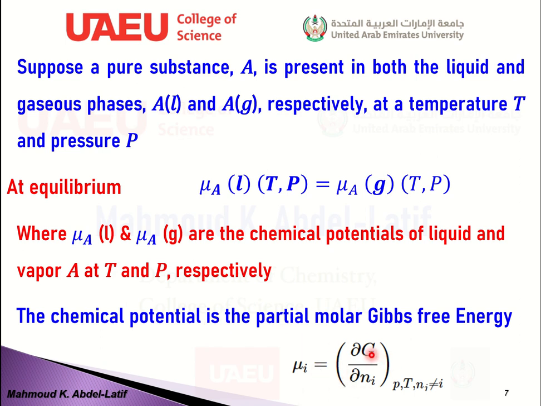It's the partial derivative of the Gibbs free energy with respect to Ni, while the other parameters are constant: pressure, temperature, and the number of moles of any substances other than i.